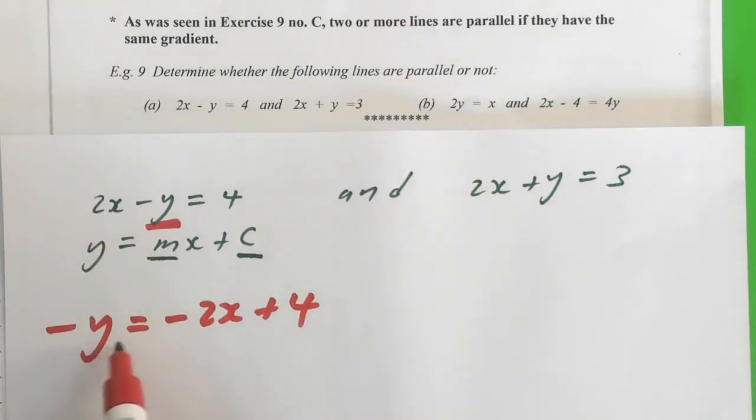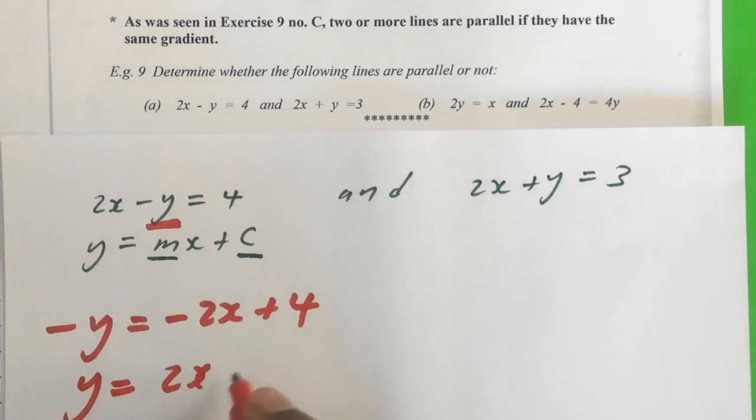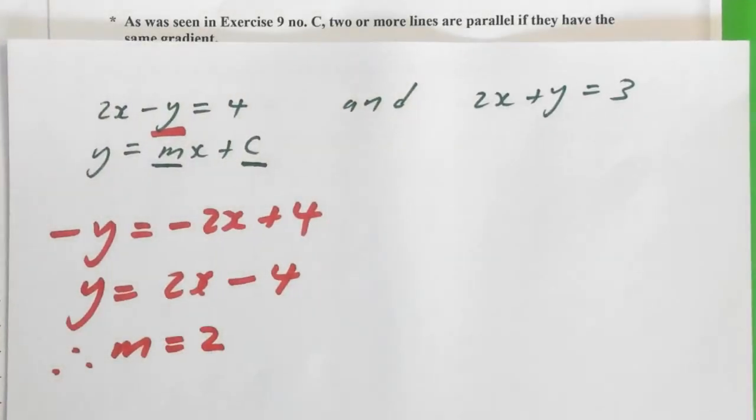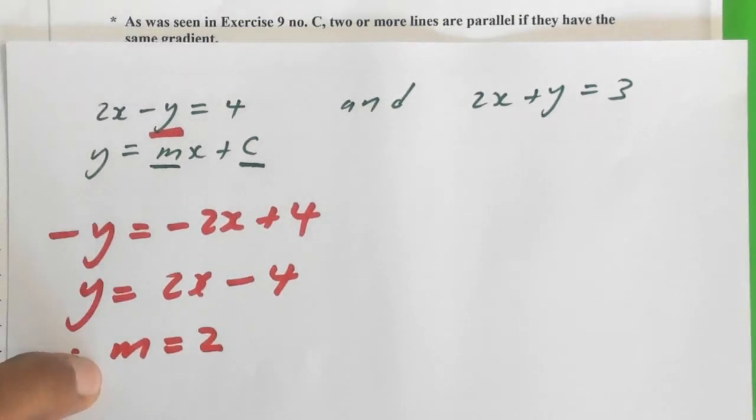I divide by -1 both sides. I get y equals 2x, because negative divided by negative is positive, and positive divided by negative is -4. Therefore, m for this is 2. That's the gradient for that line, positive 2.